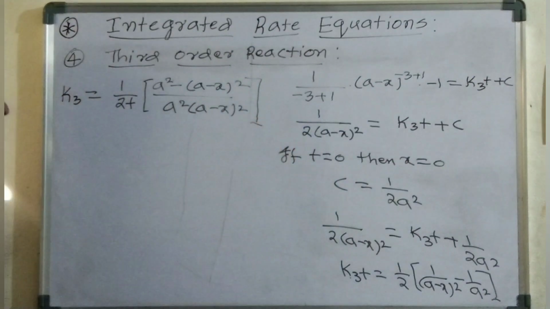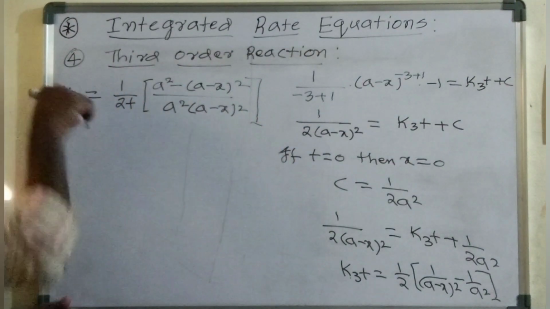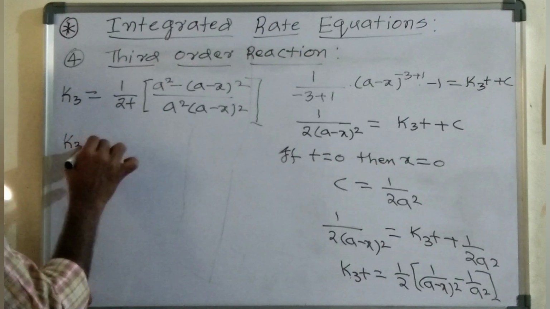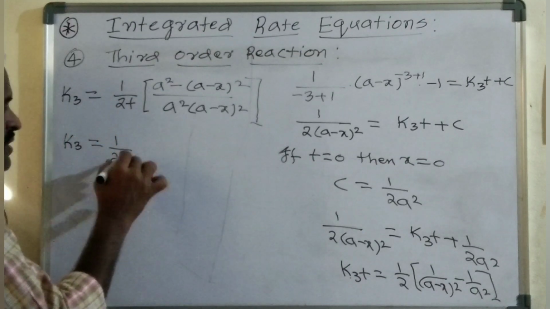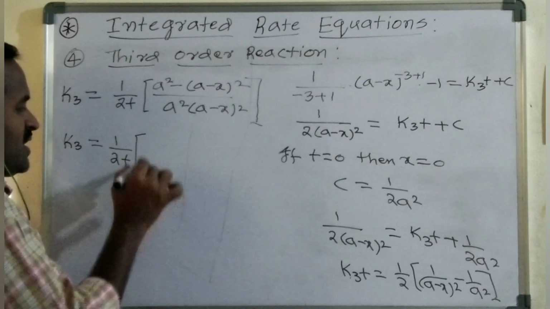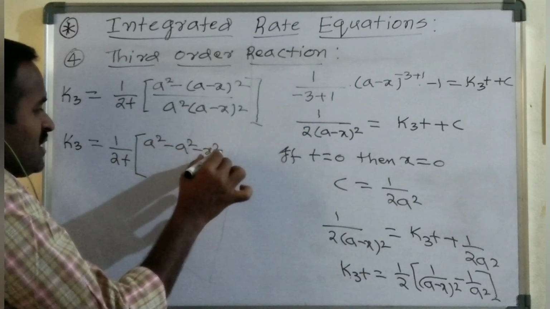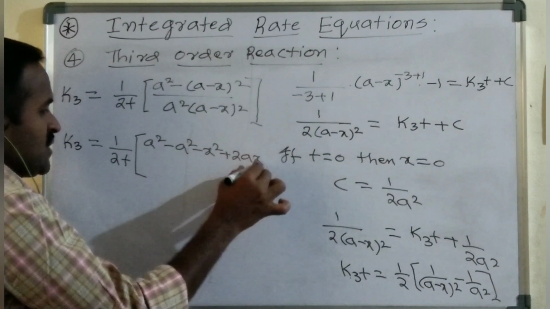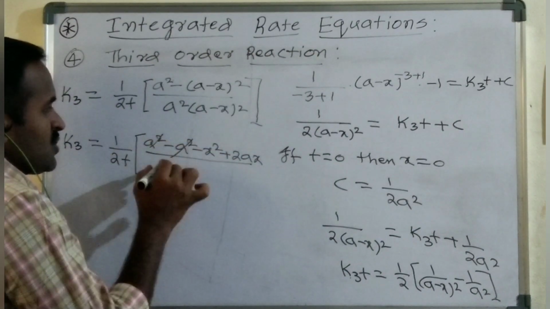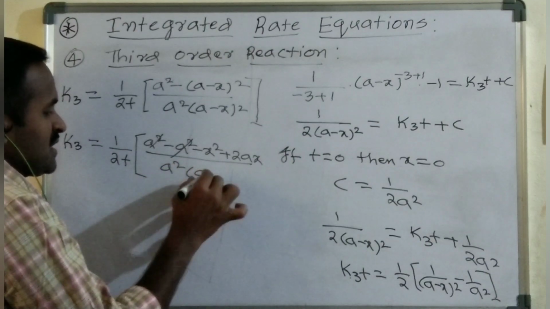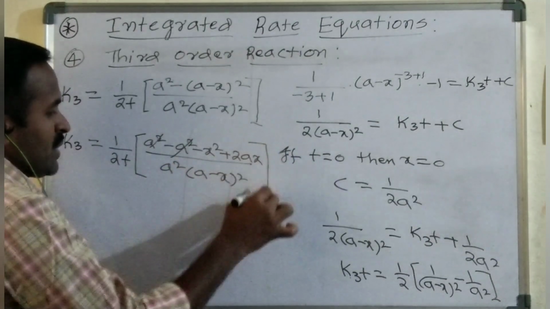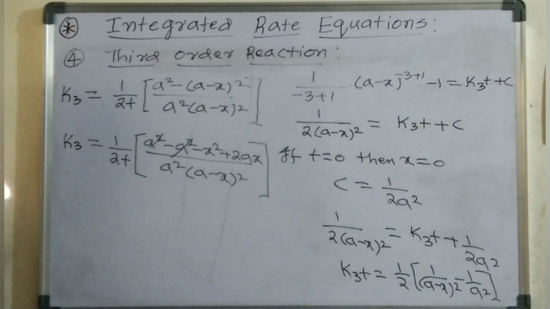This is the formula we get. We can expand it: k3 equals 1 by 2t into [a square minus a square minus x square plus 2ax] divided by a square into (a minus x) whole square, using the identity (a minus x) whole square equals a square plus x square minus 2ax.